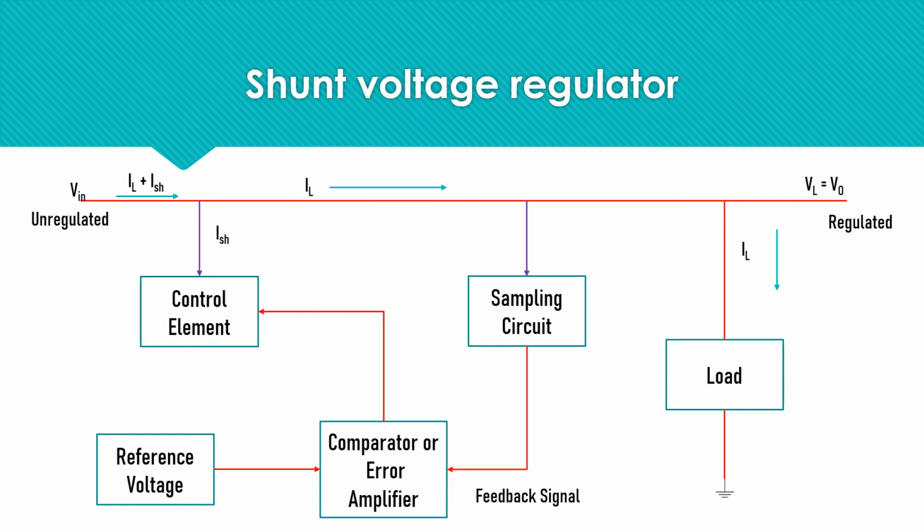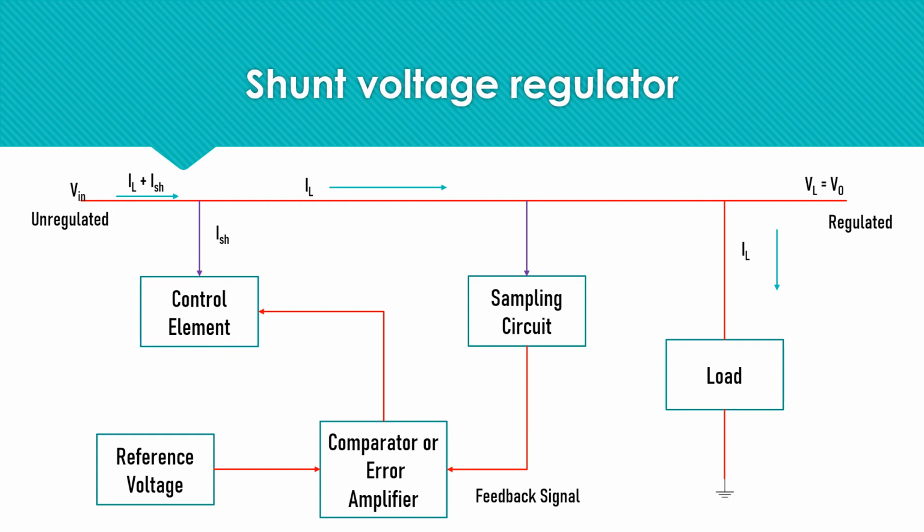Now there is a comparator or error amplifier, and for this, one input is provided from the reference voltage. The other input is provided from the sampling feedback signal, a sample of the output voltage, and it is fed to the error amplifier or the comparator. The output of this controls the control element.